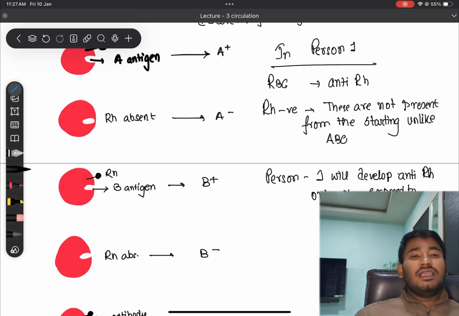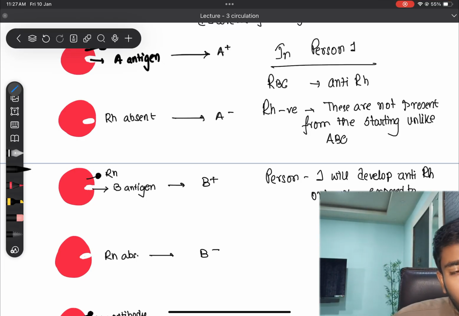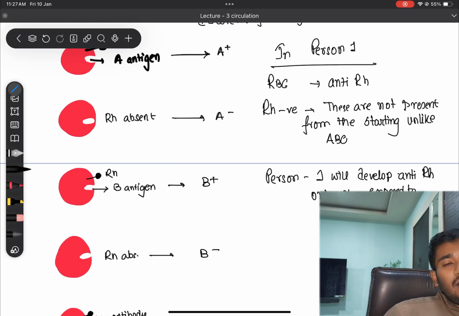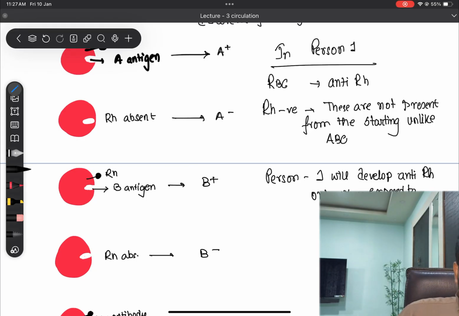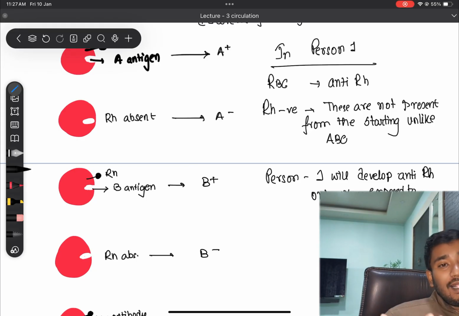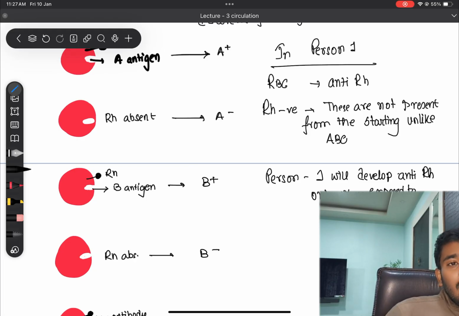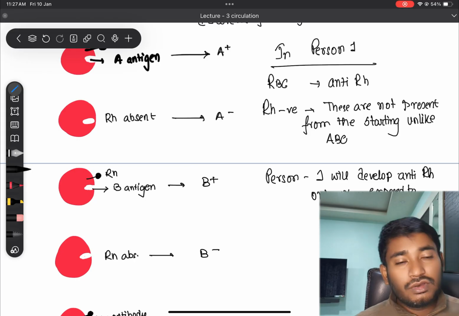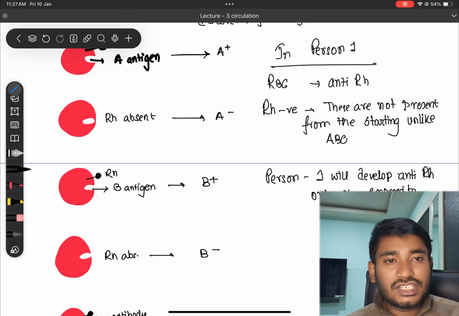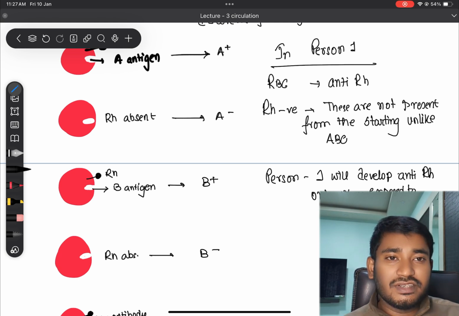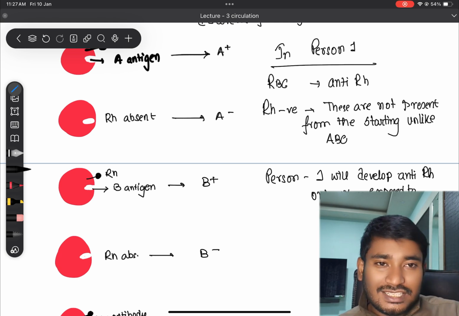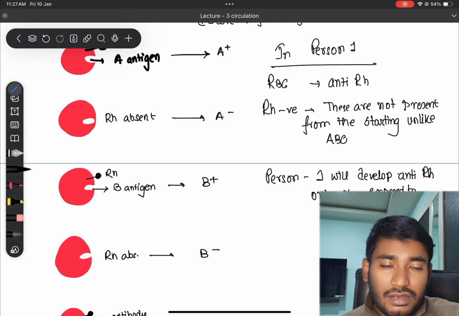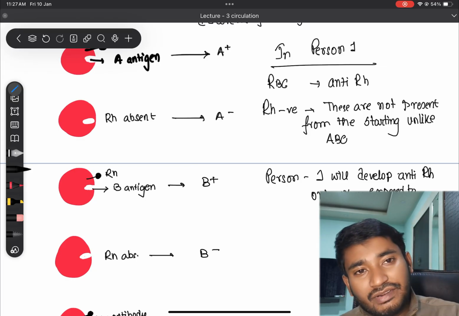What happens if a father who is Rh positive has a baby with a mother who is Rh negative? Then in the second baby, a problem comes known as erythroblastosis fetalis, also called neonatal jaundice. To avoid this complication, we use the injection called Rogam after the first delivery of the child, because there is a chance of contamination of maternal blood with the fetal blood.